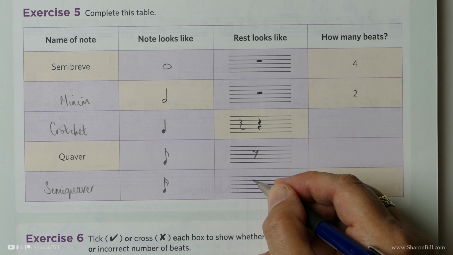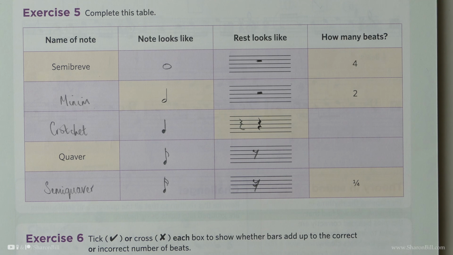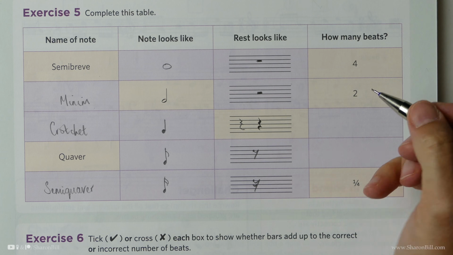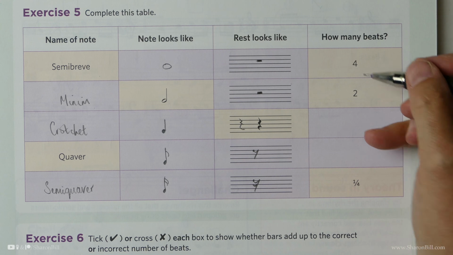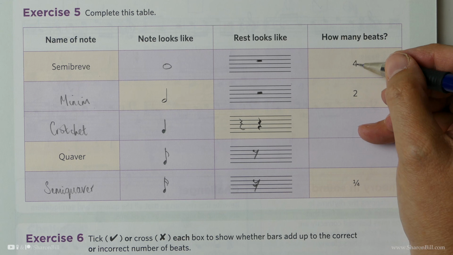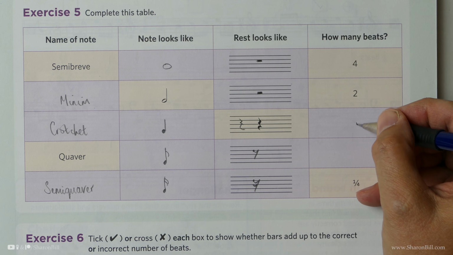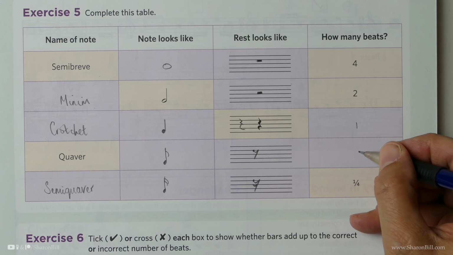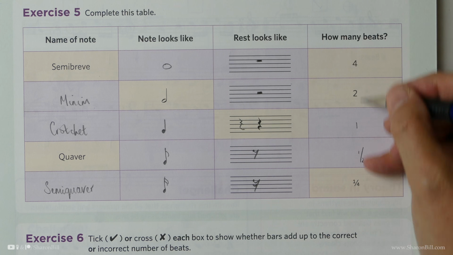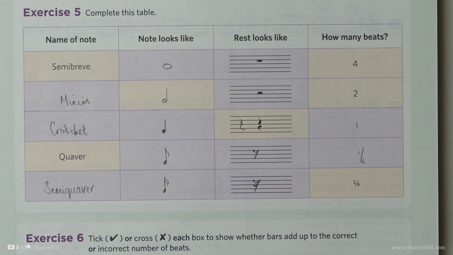And then the semiquaver rest just has an extra arm on. There we go. And you can see how the maths keeps dividing down and halving. We've gone from a 4 beat to a 2 beat to a 1 beat to a half to a quarter. You can see how we're just halving down each time.